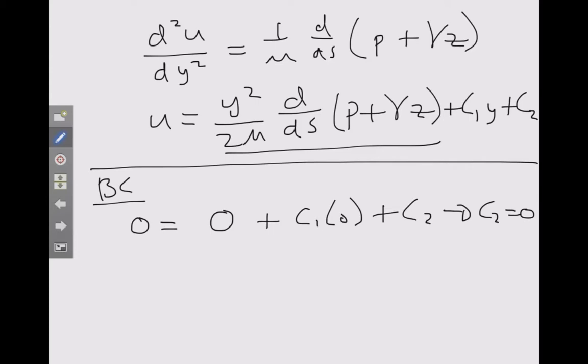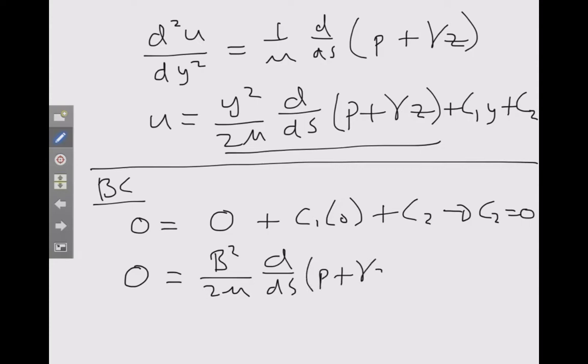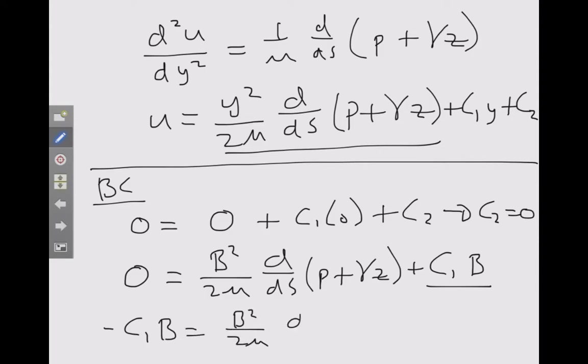The second boundary condition, again, is that the velocity is 0, but now we're at the other boundary, so we have b squared over 2 mu d ds of the piezometric pressure again, and we now have plus C1b, and we can move this over to the other side of the equation. Minus C1b equals b squared over 2 mu d ds of p plus gamma z.